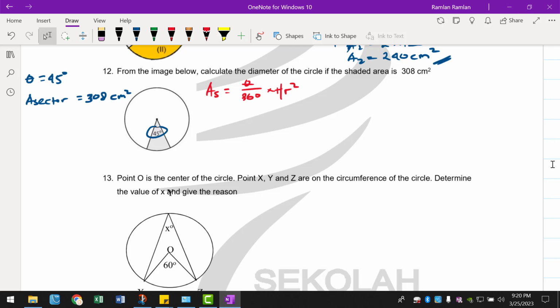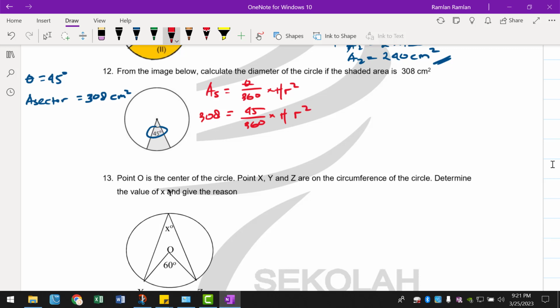The area of the sector is 308, so write that exactly below this one, and theta is 45, so that'll be 45 over 360 multiplied by pi r squared. We don't know the r yet, so just leave it like that.